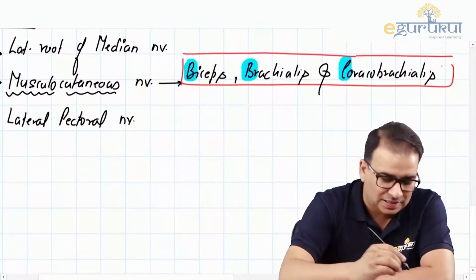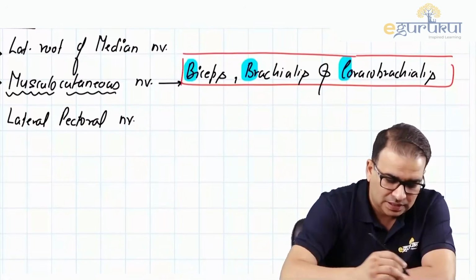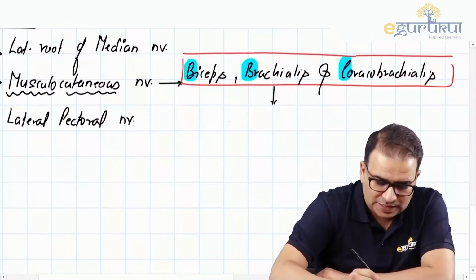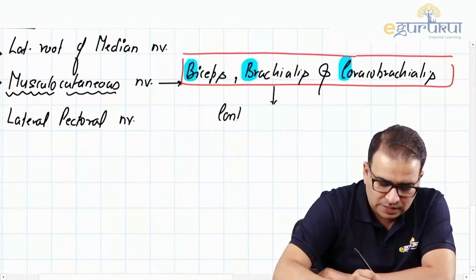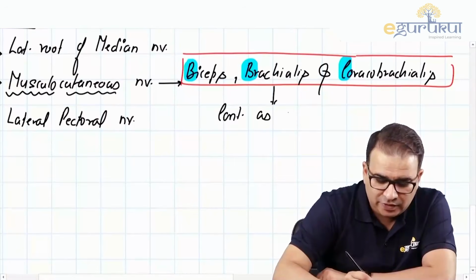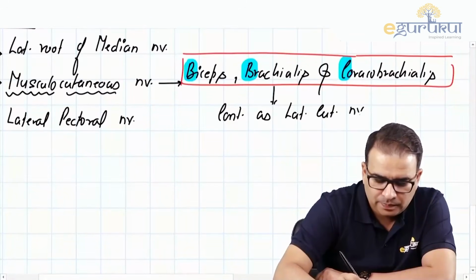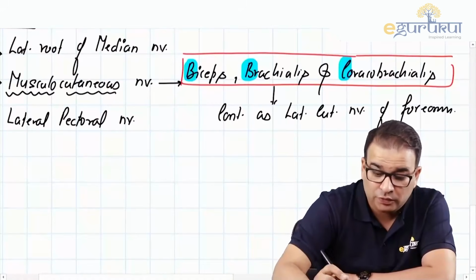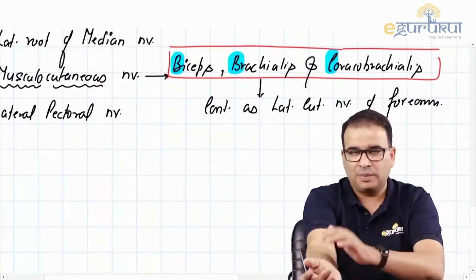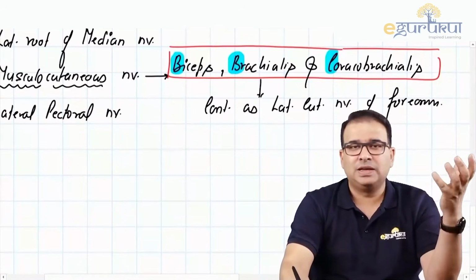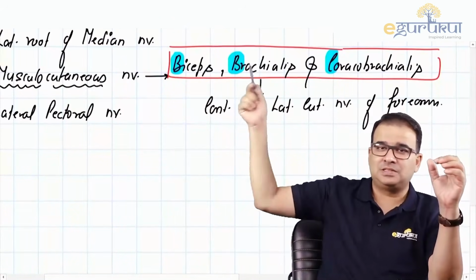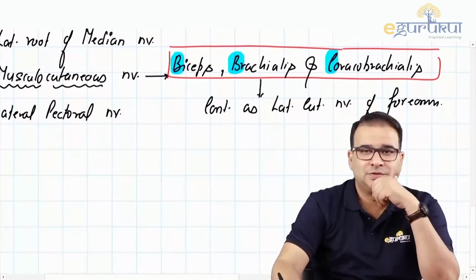And after supplying these three muscles, after supplying the BBC, this nerve will continue as the lateral cutaneous nerve of forearm. That's why the name is musculocutaneous nerve. After supplying these three muscles, it then gives off the cutaneous.